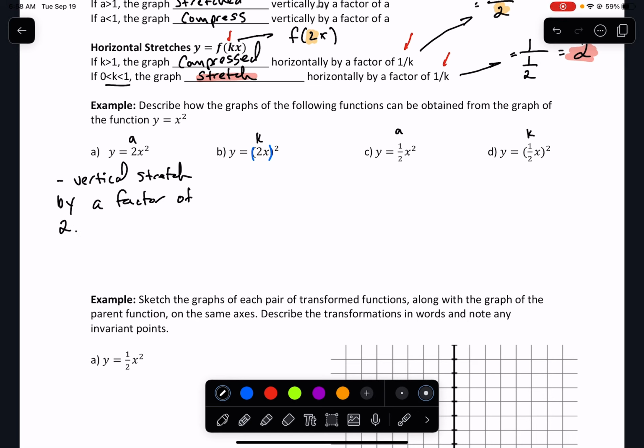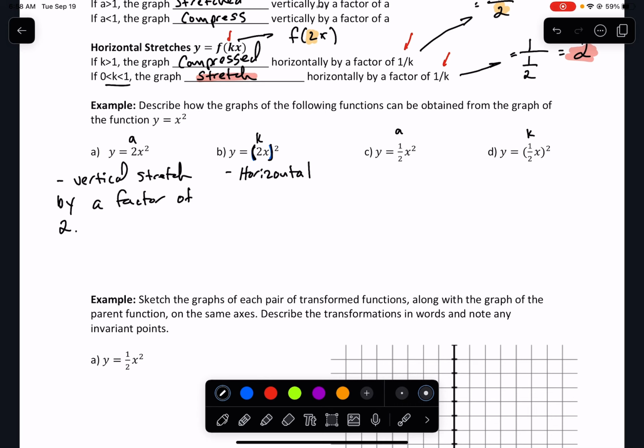For this one, because it's on the inside, anything on the inside is always horizontal. Horizontal something: translations, stretches, compressions, reflections, whatever it is. If it's on the inside of the function, in this case with a quadratic, inside is denoted with the presence of brackets.